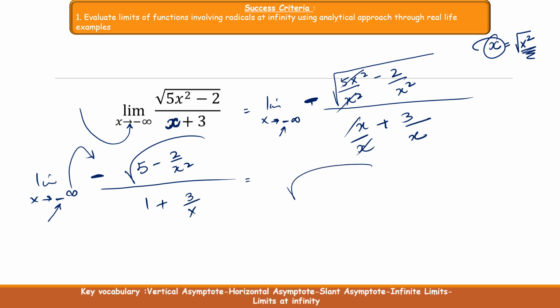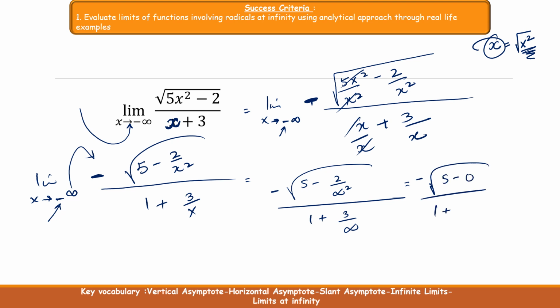So square root of 5 minus 2 over infinity, and 1 plus 3 over infinity. The above gives me 5 minus 0, and 1 plus 3 over infinity is 0. So the answer will be negative square root of 5.